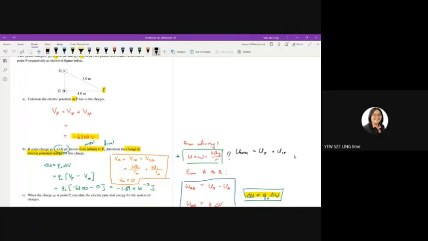Also can. But I don't encourage you to use this one, because it's a bit confusing when you combine it to questions that involve 3 charges. It will become a bit more complicated. So I don't encourage you to use this one.